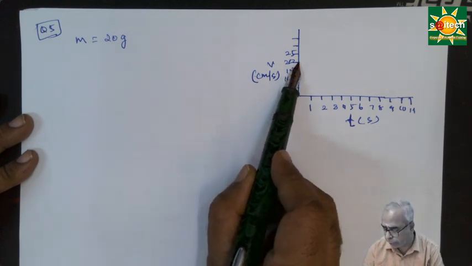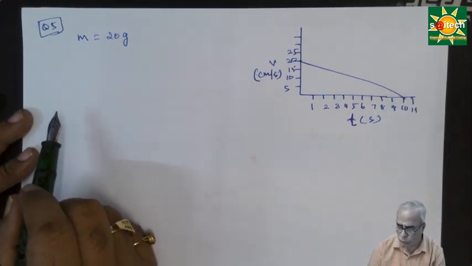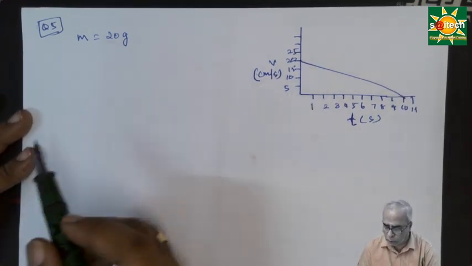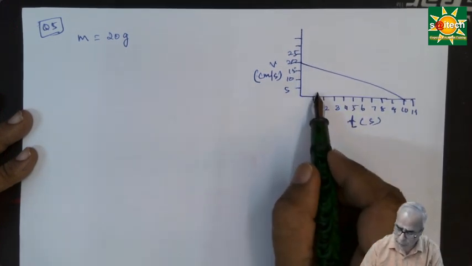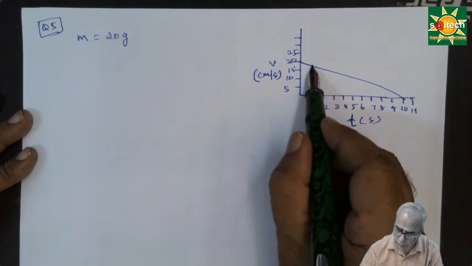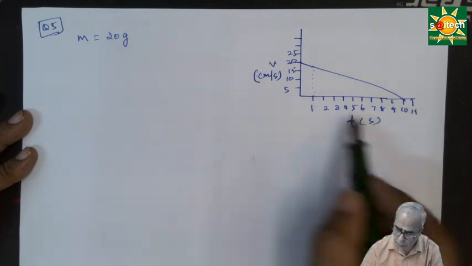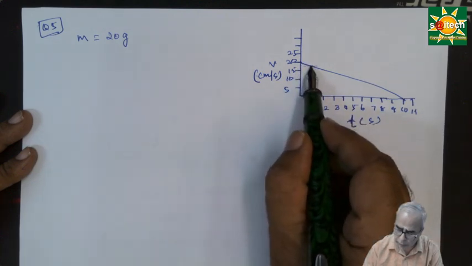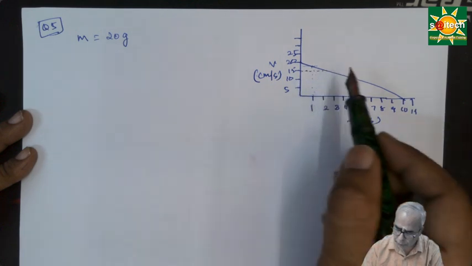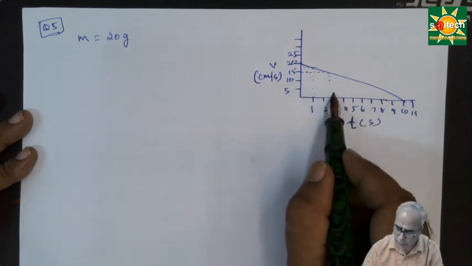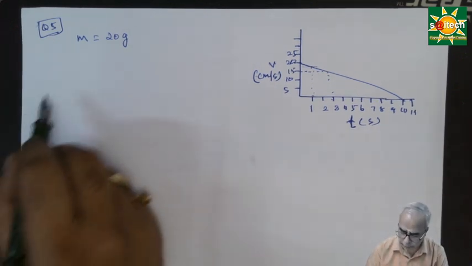So this is the graph, and it comes down like this.